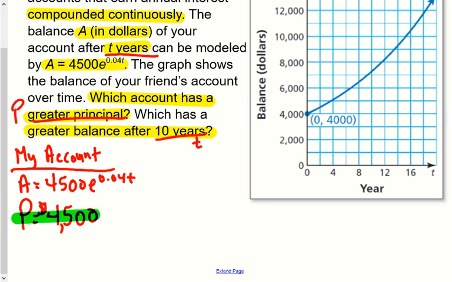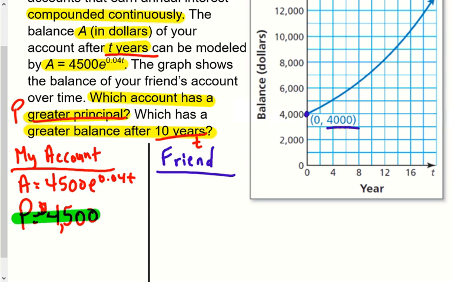If I go ahead and look, and we'll draw a line to keep them separated, at my friend's account, then I can get that information from the graph. Right here, that's their starting amount. So their starting T would be 0.